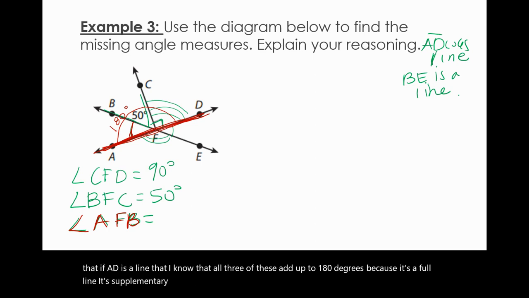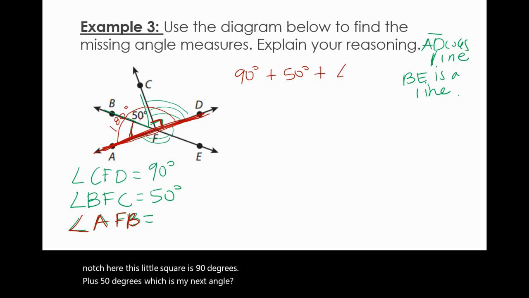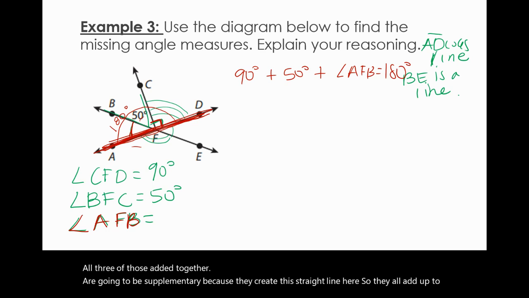So this little square is 90 degrees, plus 50 degrees, which is my next angle, plus angle AFB. All three of those added together are going to be supplementary because they create this straight line here. So they all add up to 180.